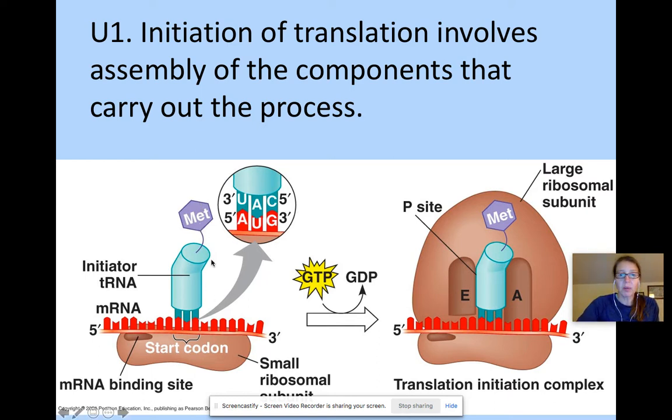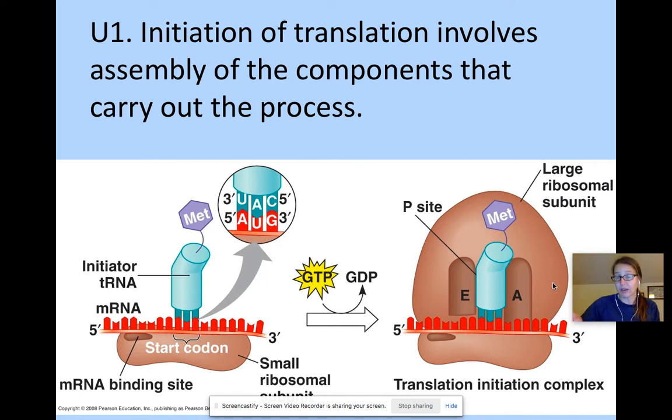So the start codon being AUG codes for methionine. Once these three players get together, the small ribosomal subunit, the mRNA at the appropriate place with the start codon in position, and then the initiator tRNA that carries the methionine, then the large ribosomal subunit will come in and attach. And that's the translation initiation complex.